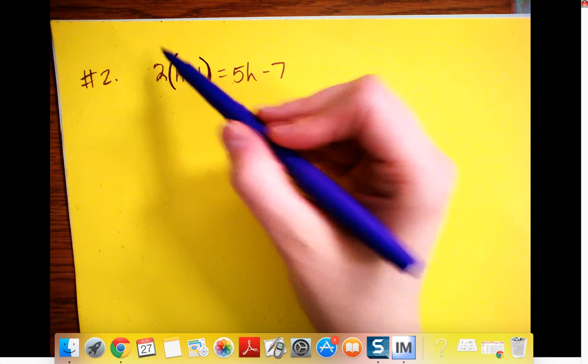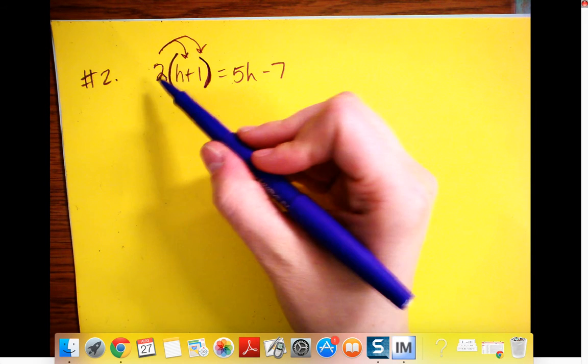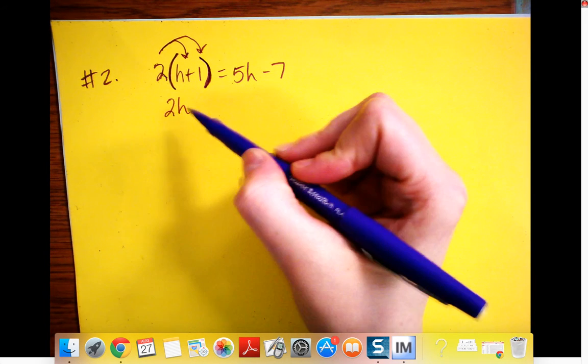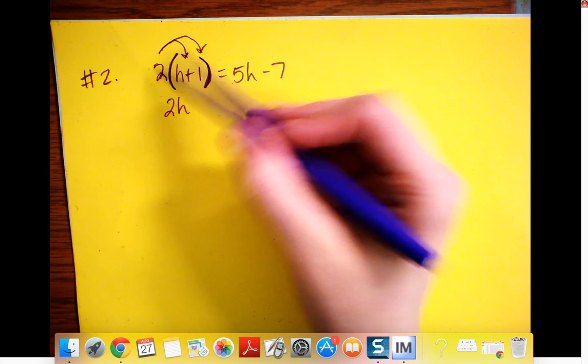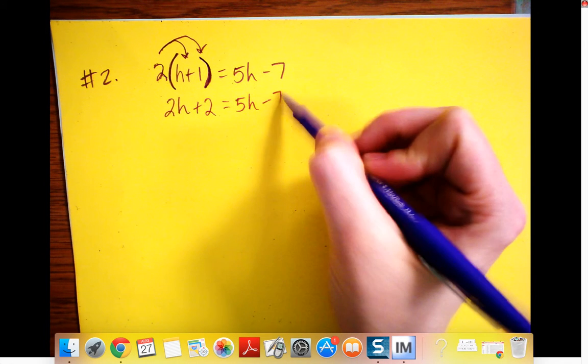When you're distributing, you're multiplying. So 2 times h is 2h, and 2 times 1 is 2. And then you bring down everything else you haven't used yet.